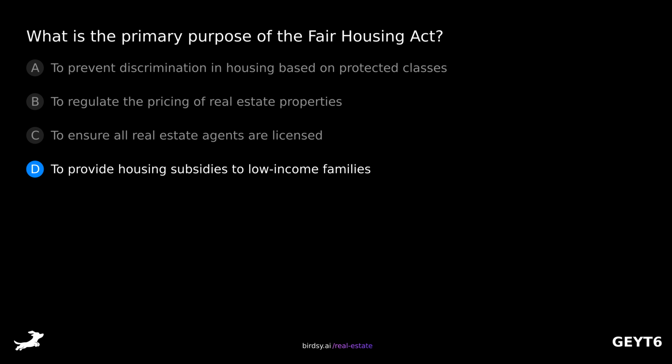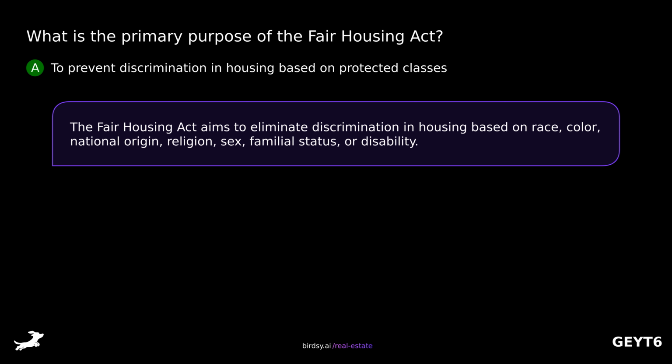Or D, to provide housing subsidies to low-income families? The answer is A, to prevent discrimination in housing based on protected classes. The Fair Housing Act aims to eliminate discrimination in housing based on race, color, national origin, religion, sex, familial status, or disability.